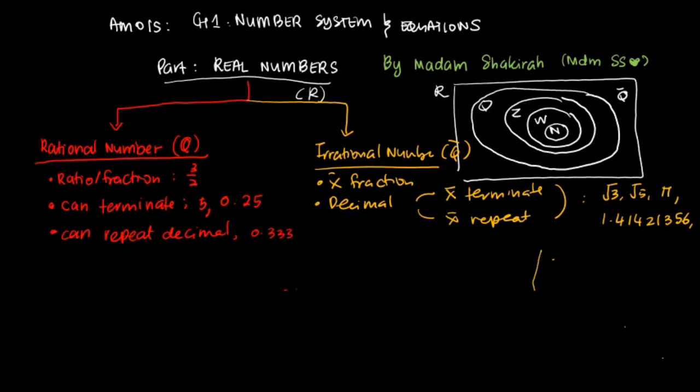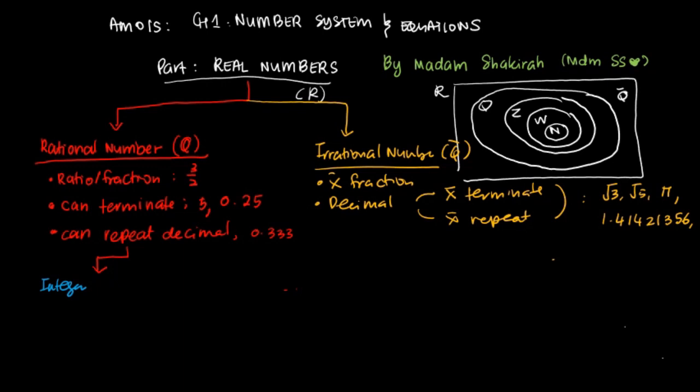So we continue on the rational number. The next thing is integer.